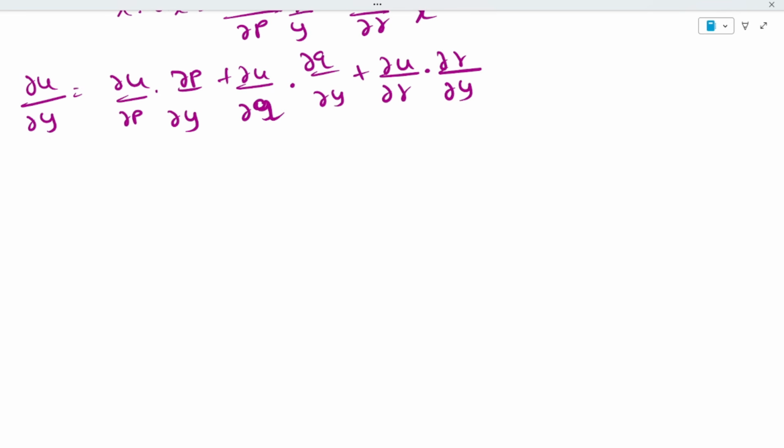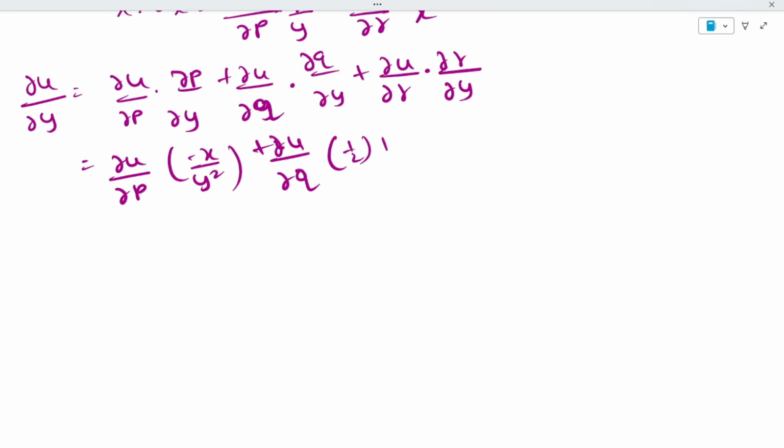With respect to y you are doing. This will be del u divided by del p only, which you will substitute as minus x divided by y square. Del u divided by del q into 1 divided by z, plus del u divided by del r, for which you will be substituting the value 0. Now you have to multiply by y on both the sides.